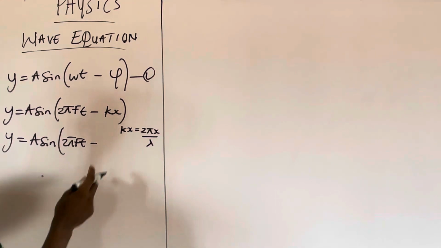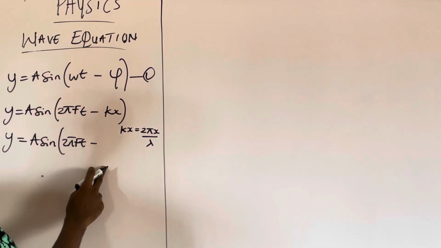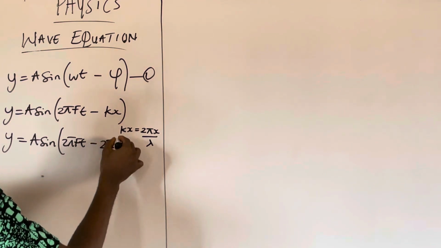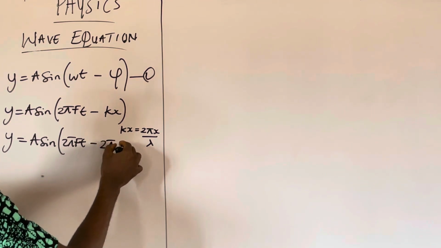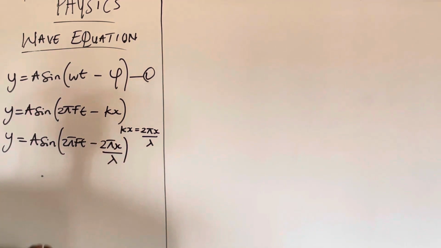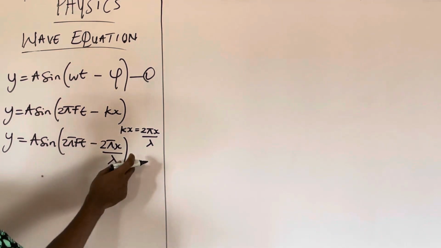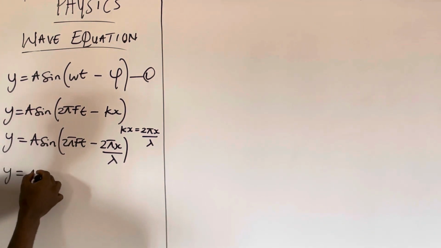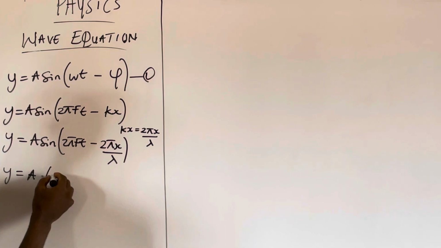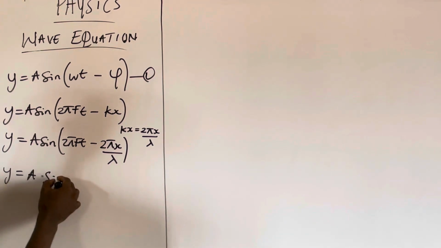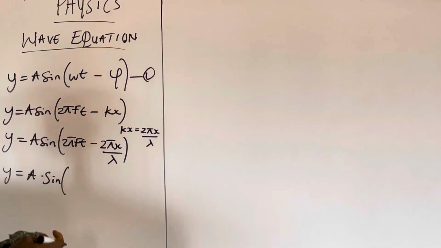Don't forget. So here we are going to write what? 2 pi x over lambda, right? So this is equation 2 already, but if you factor it out, now we're going to have y equals a sine bracket.